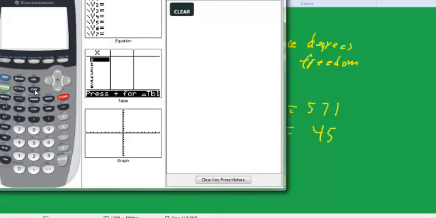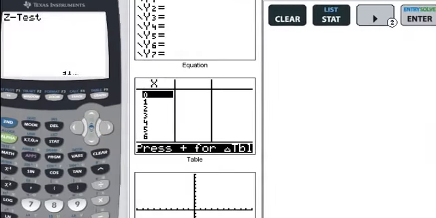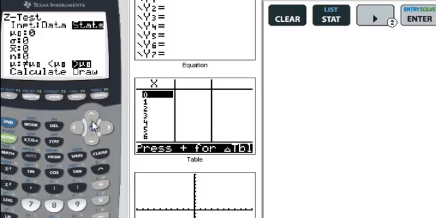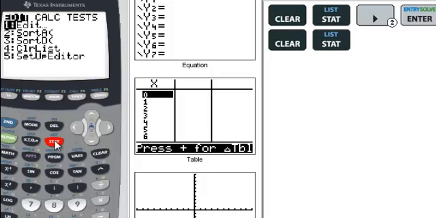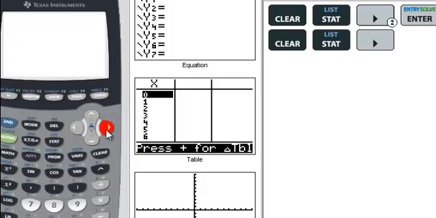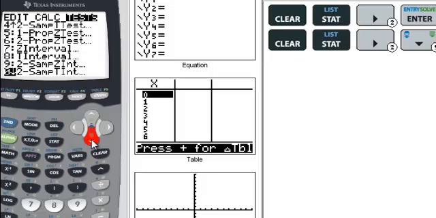Okay, so we'll do stat tests. There we go. Now we'll do t interval.